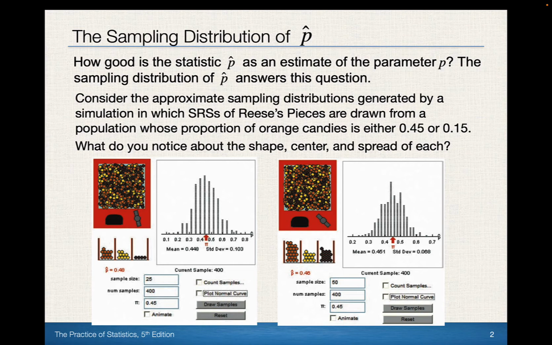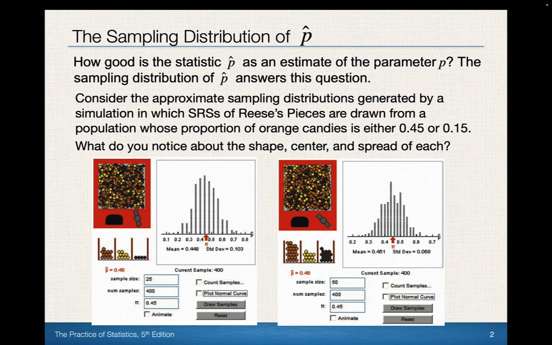The number of samples is the same, and you can see that that value, which is listed like a pi, but it really means p for the parameter of interest, the center of the population, is supposed to be the proportion of 0.45, meaning that there should be 45% of the candies are orange. Well, you can see that on each side there's a sample that's listed as an orange value. In the case on the left, it's 0.48, and in the case on the right, it's 0.46.